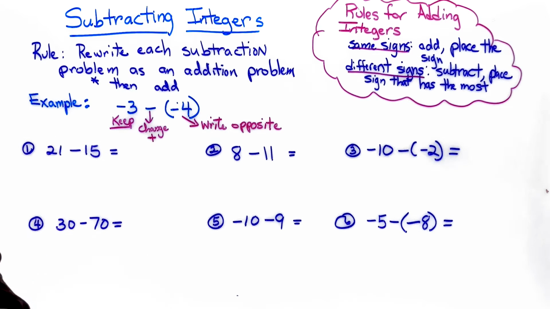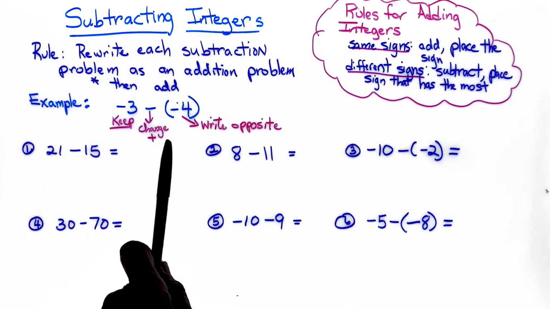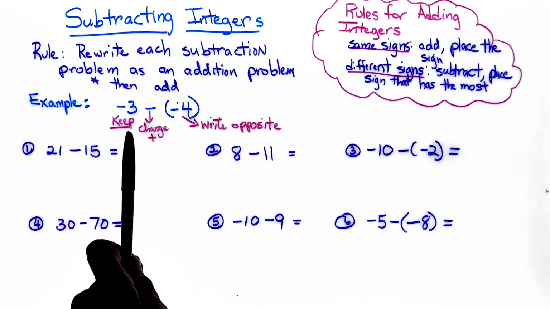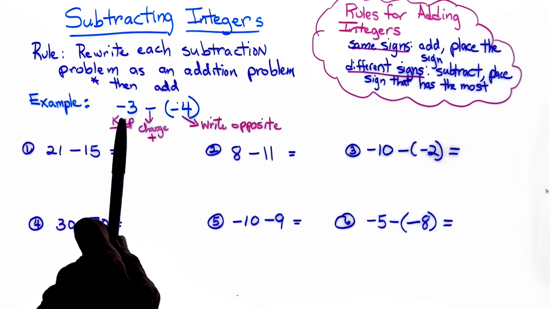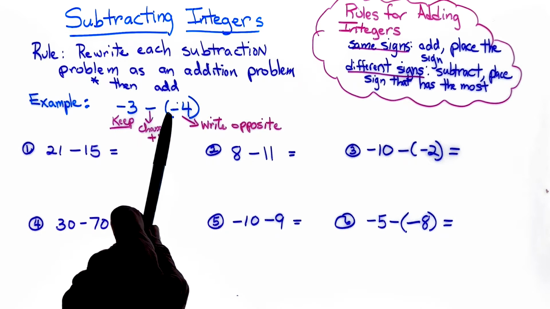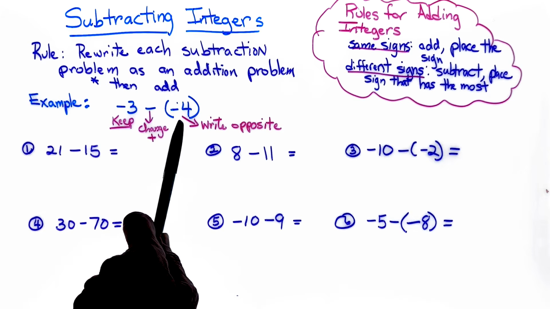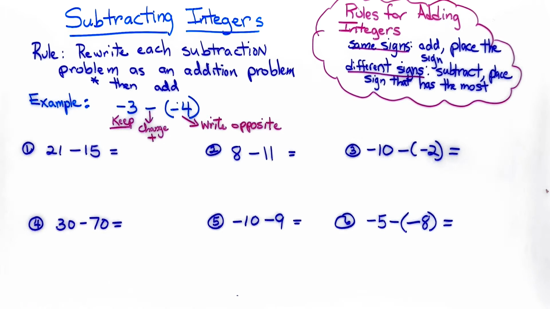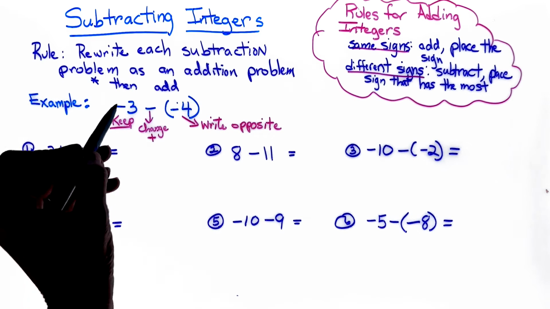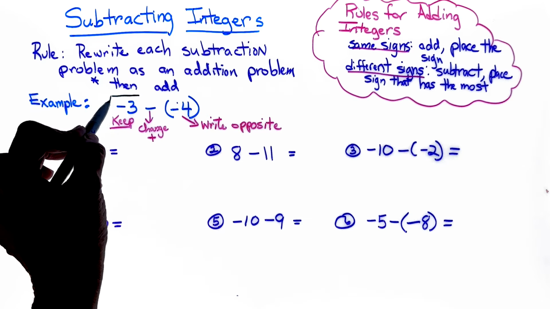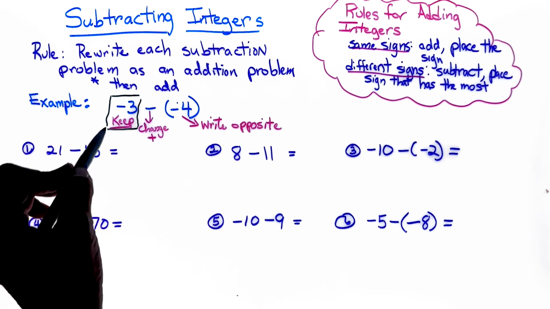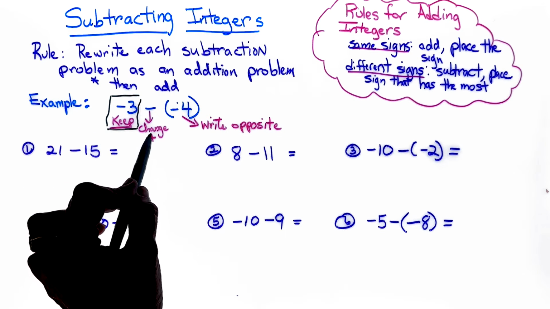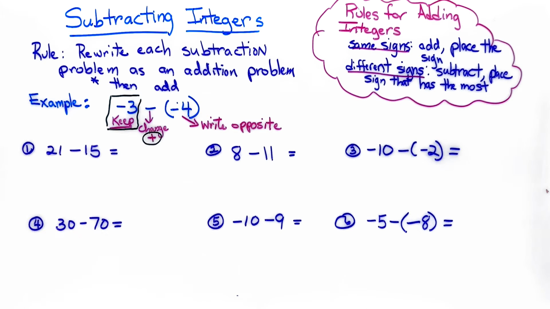There is another step that you will have to do to get it into an addition problem. Notice, this says -3 minus a -4. In order to change it to an addition problem, we are going to always keep the first number the same. We will be changing the sign to addition, because we want it to be an addition problem.